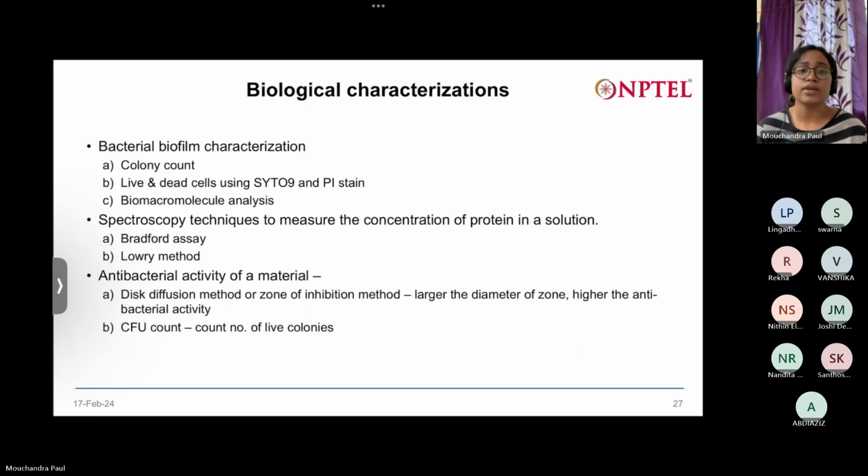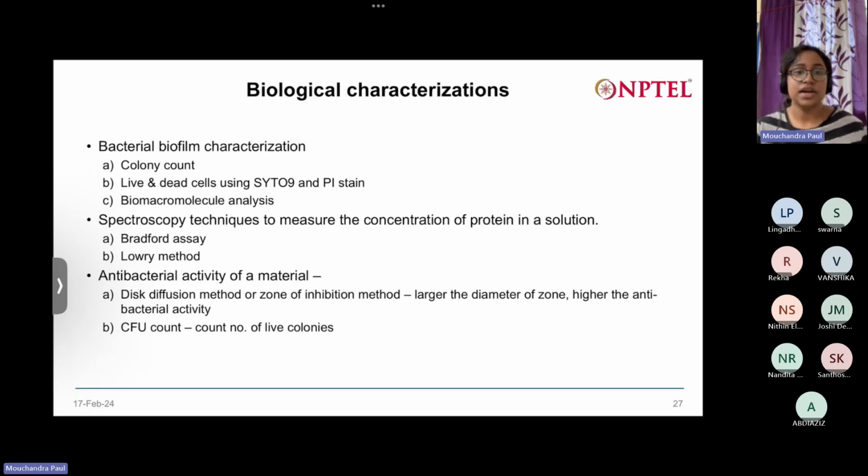Okay, then if we want to understand whether our biomaterial has some antibacterial activity, we can do additional tests like the zone of inhibition test, where we can identify how much of the concentration of our biomaterial, or a particular nanoparticle or whatever it is which has some antibacterial activity, is causing killing of the bacterial cells.